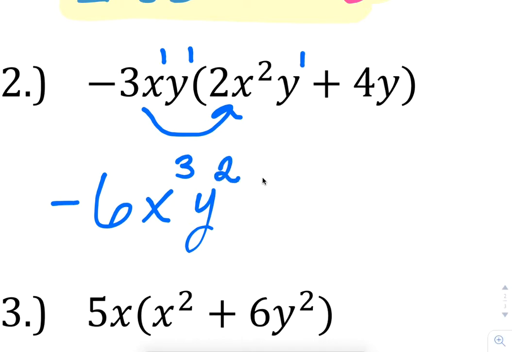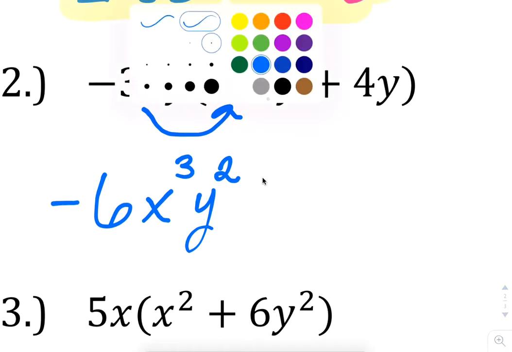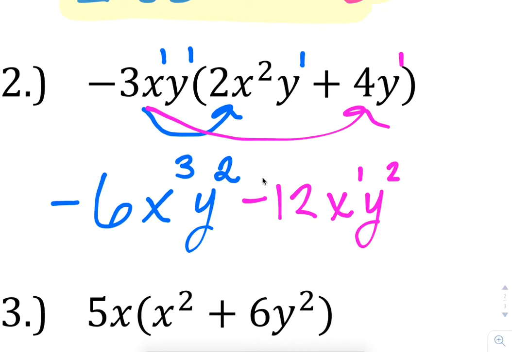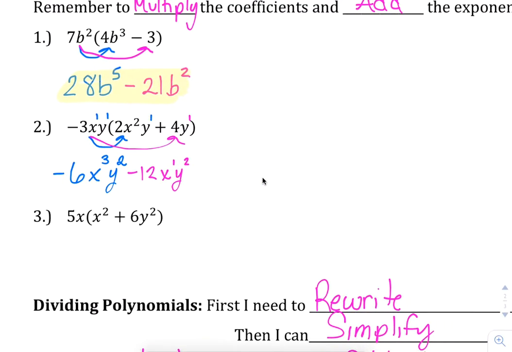That makes a total of 2. Okay. Then we distribute to the second term. Negative 3 times 4 is a negative 12. I only have the 1x coming in from the outside, but this time I have a y on the outside and 1 more y on the inside. That makes y squared. Okay. That full thing is not like terms, so we're going to leave that as our answer.